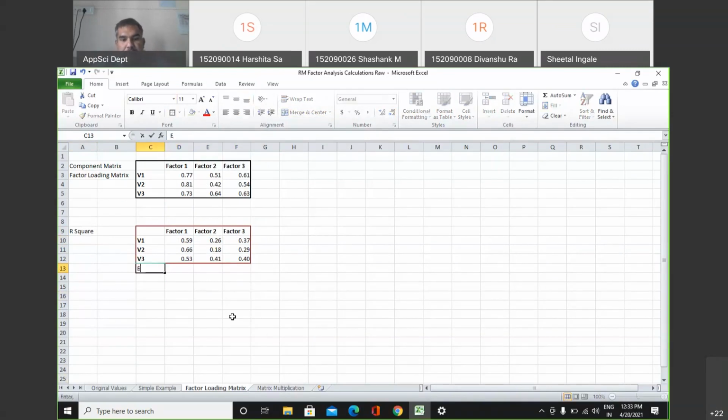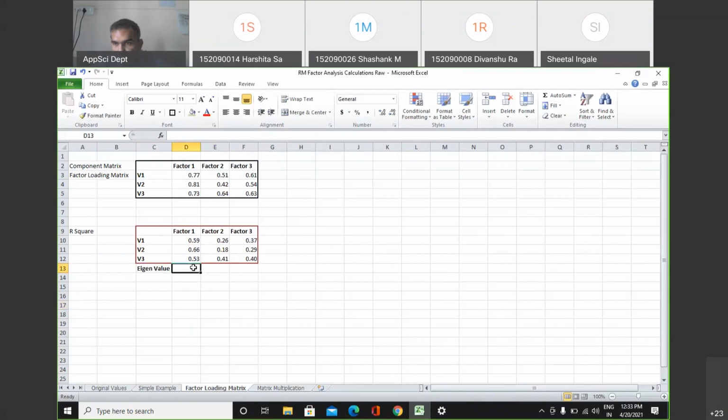So here we have eigenvalue. Here I'm just trying to name this as eigenvalue. We are just adding this, and we can have the sum here.